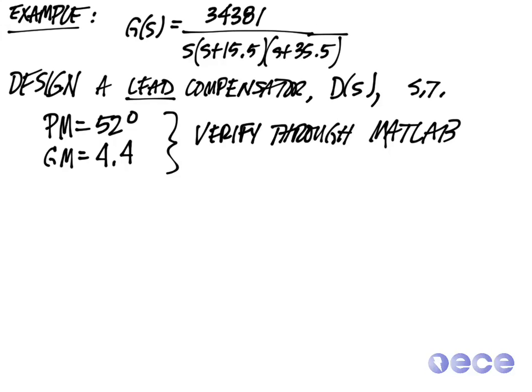But you should be able to come up with it on your own and then just compare that. So take a few minutes, go back and look over the lecture that talks about how to achieve a particular gain margin and phase margin using lead compensation. Pause this video and then come back after you have your solution and you can compare it.